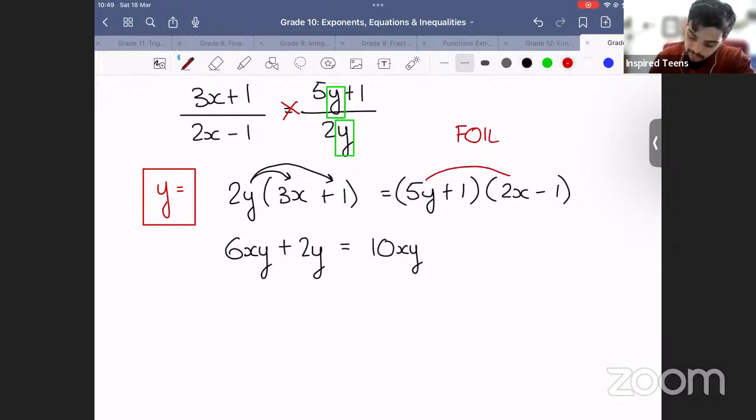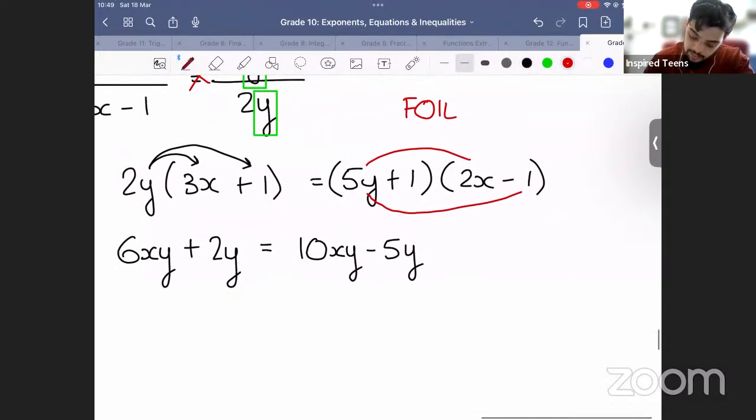Outer terms: 5y and negative 1, that becomes negative 5y. Inner terms: 1 and 2x, that becomes positive 2x, and last terms: positive 1 and negative 1, that becomes negative 1.